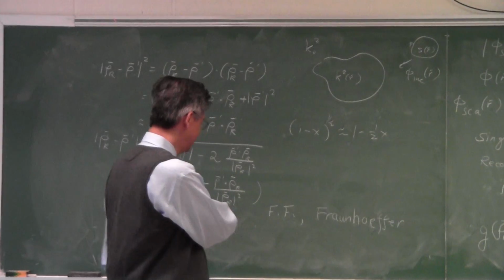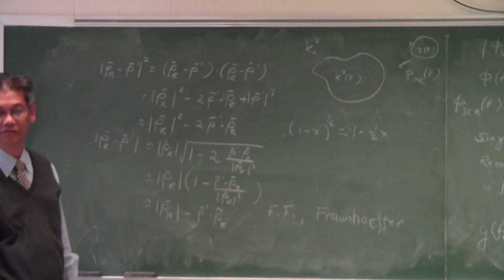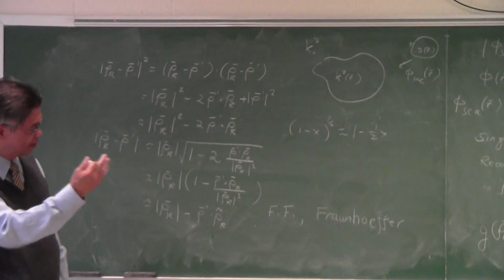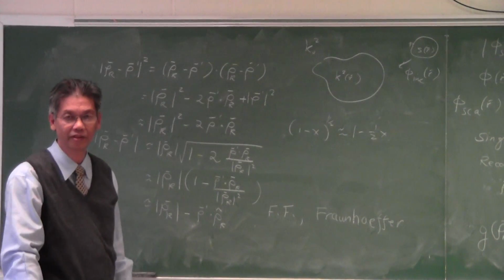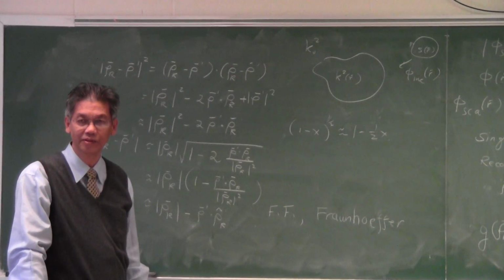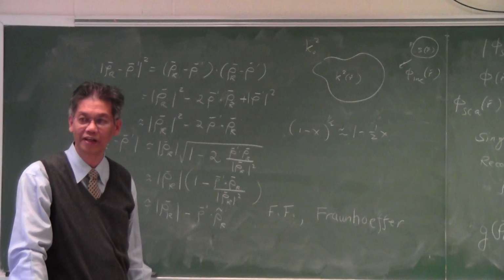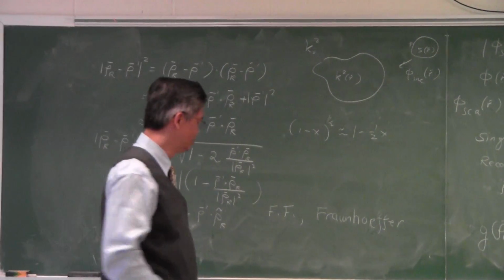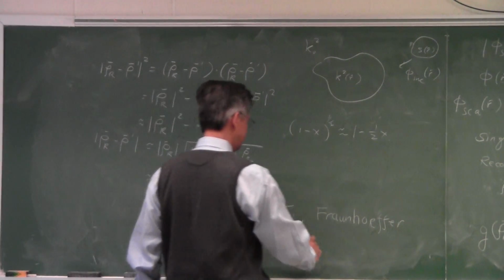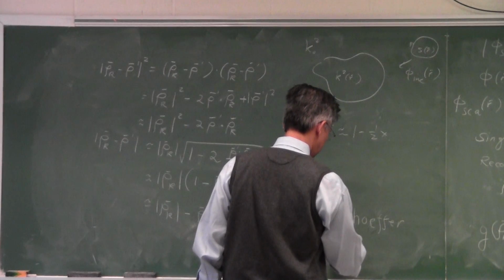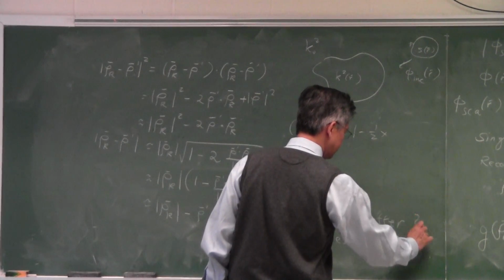Fraunhofer zone means this zone where this approximation is valid. But if you get closer to the source, what is that zone called? The Fresnel zone. Okay. So if this term is not dropped, you have the Fresnel zone.